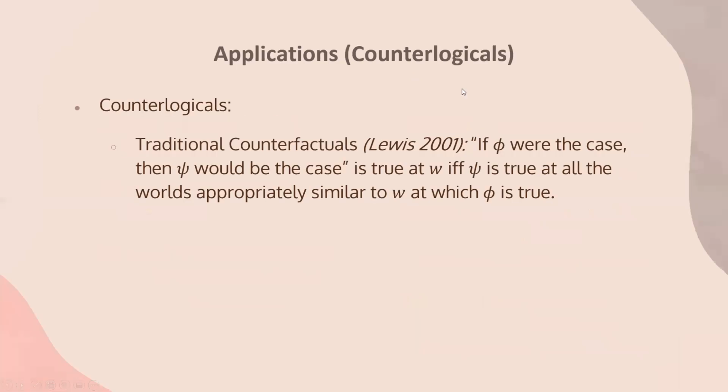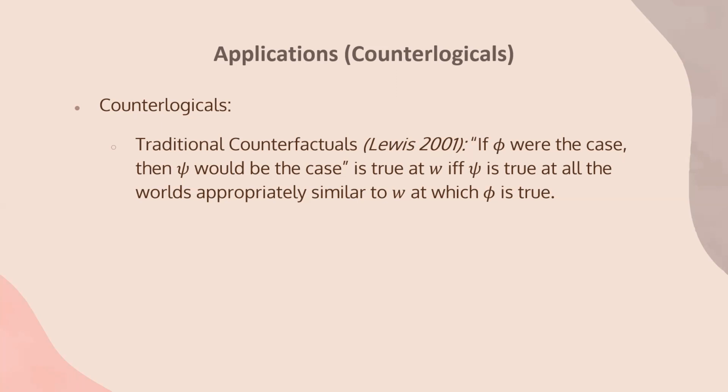So with that description of worlds set out, we can start looking at what we can do with these worlds. The first thing we can do is provide semantics for counterlogicals and various counterlogical-type claims. And we can do that by simply using the standard ordinary semantics for counterfactuals.